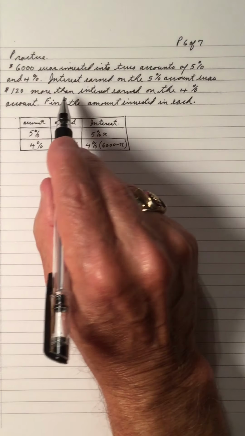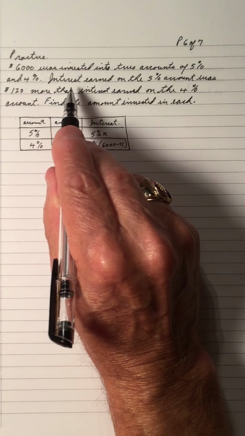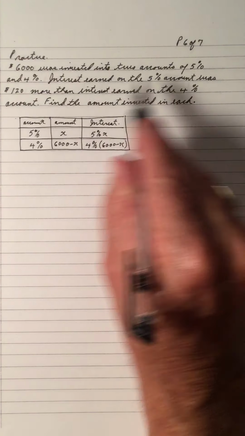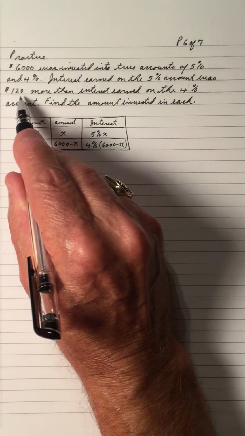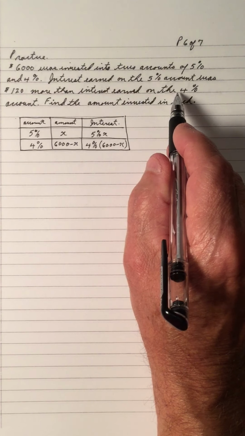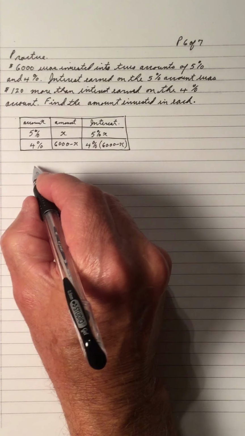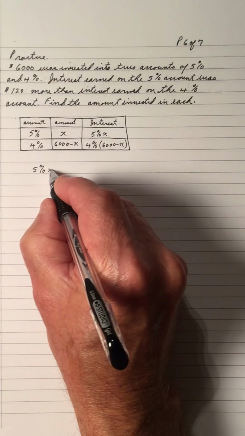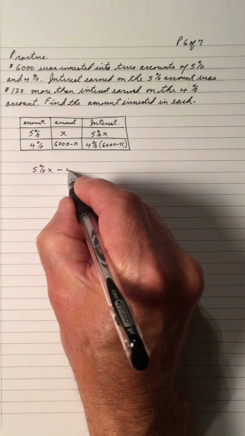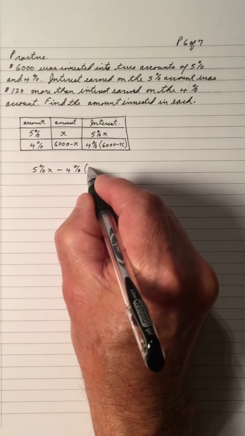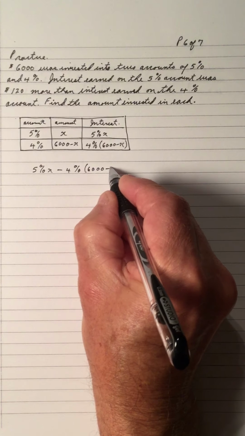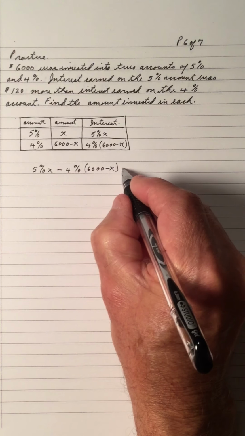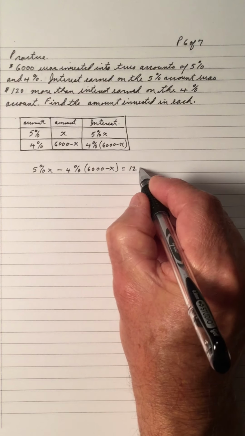And it says the interest earned on the 5% was 120 more than the interest earned on the 4%. So that means if I take the interest earned on the 5% minus the interest earned on the 4%, the difference would be $120.